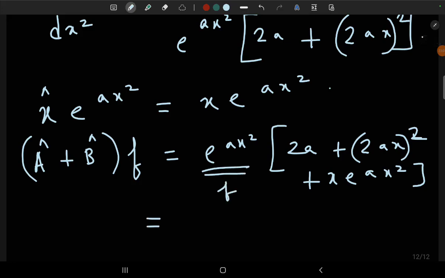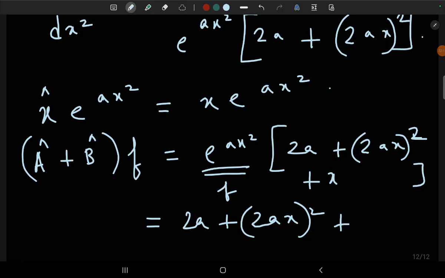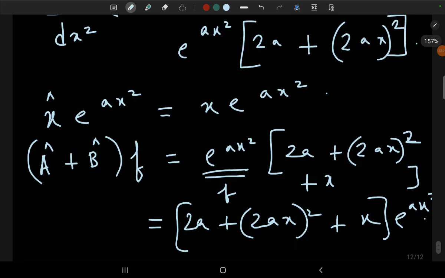So we have 2a plus 2ax² plus x. Is this an eigenvalue equation? Not at all. So this is not an eigenfunction.